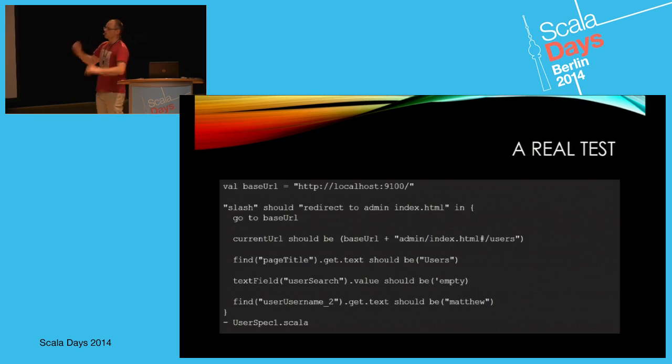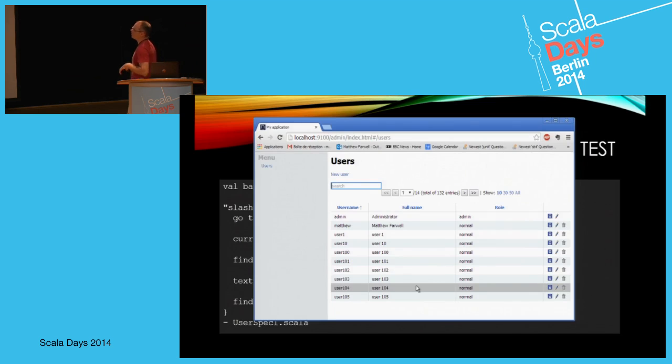You can specify one or the other, but you don't have to. Then we're making sure that the text in that element is users. Then we're doing a find on a text field. We're making sure that should be empty.